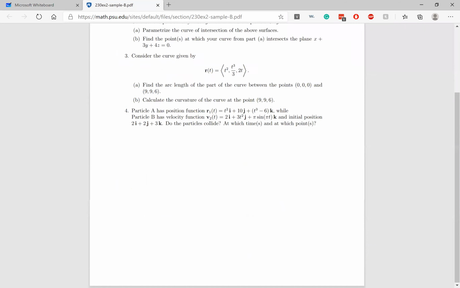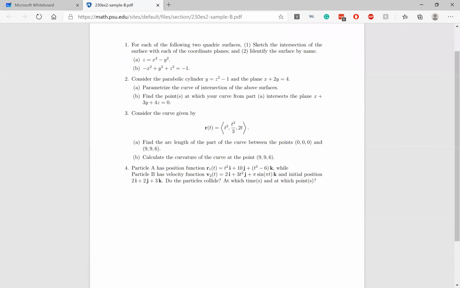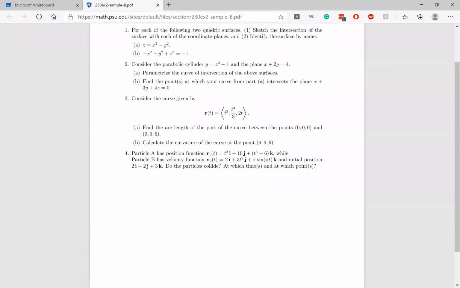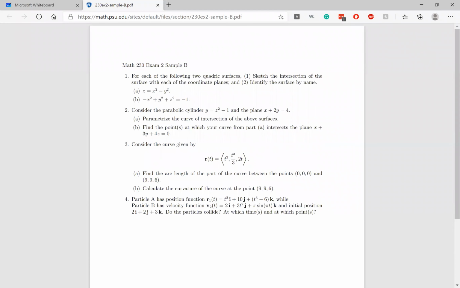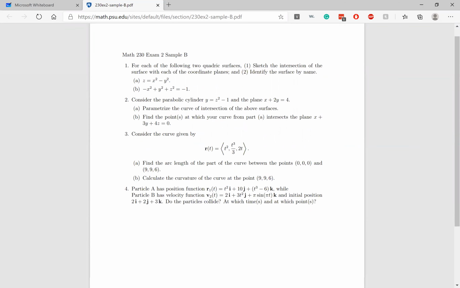So let's go on to the next problem. Consider the curve given by this. Well, this is actually interesting because the last exam 1 has more problems than exam 2. And I think there's also a third exam posted, so I would recommend that you all try to do that at some point by yourselves to see how that works out.